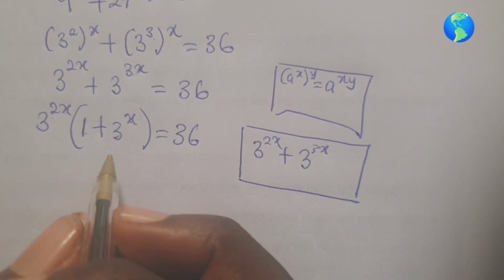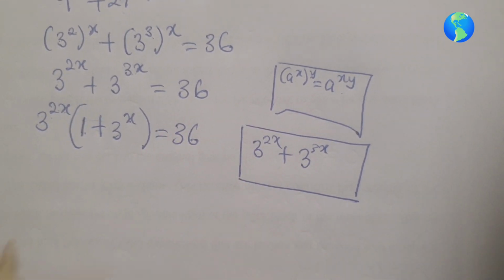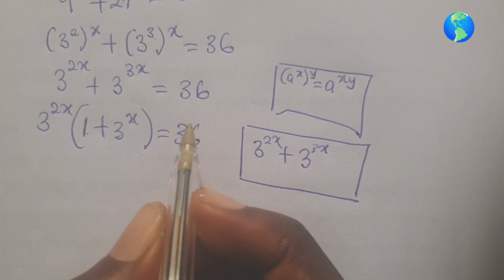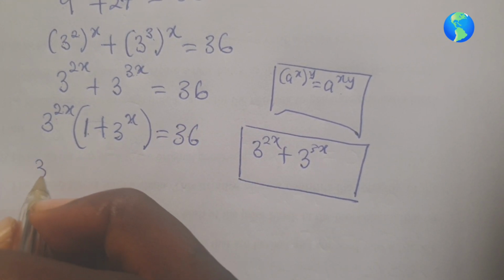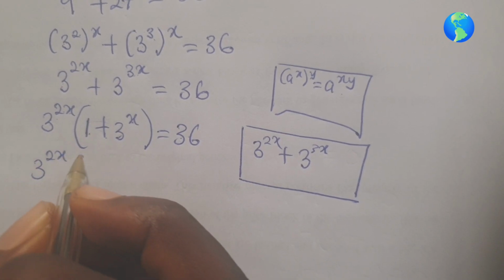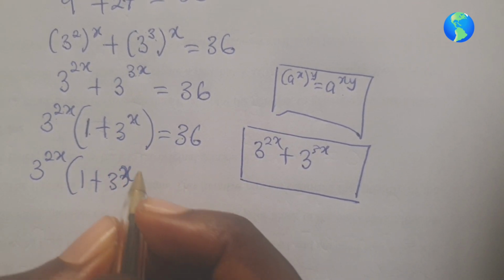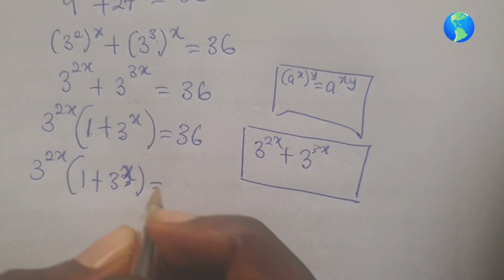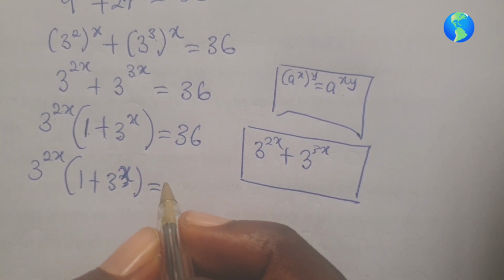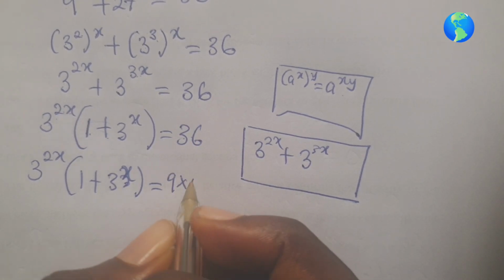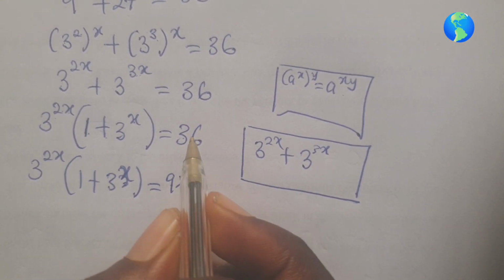Next, we can just either equate the brackets, this equals to this equals to this, but there's something I can still do here, right? This can be written as 3 power 2x times 1 plus 3 power x is equals to, I can equate this to be, let's say 9 times 4. 9 times 4 is still 36, right?